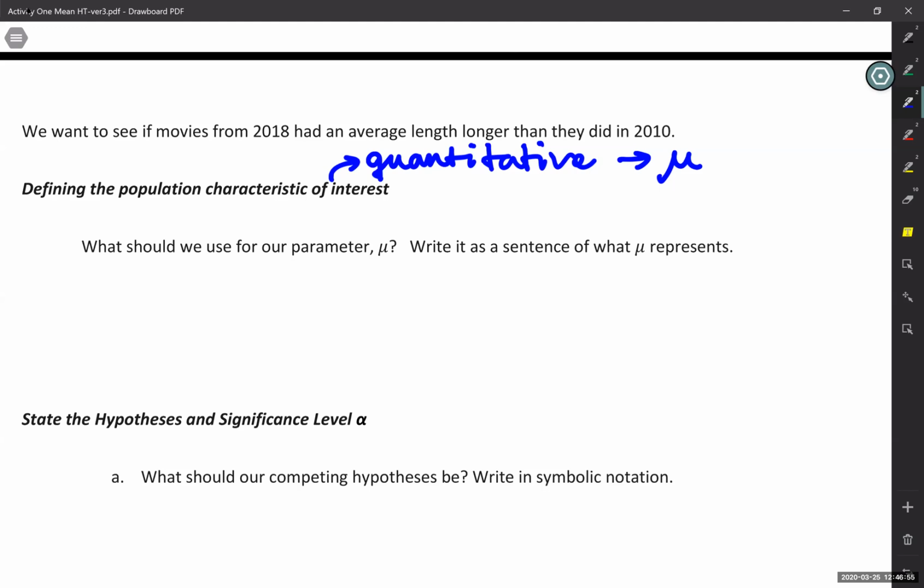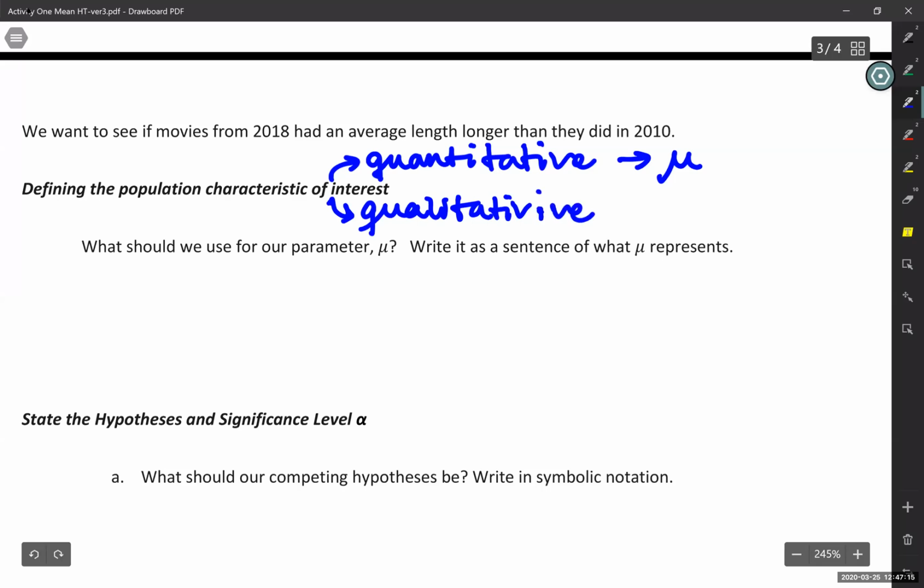So we're asking about the average length of movies. That would be answered in a specific number of minutes. So this is why we're using mu. For other questions in the future, if it's qualitative, then we're going to use P for proportion.